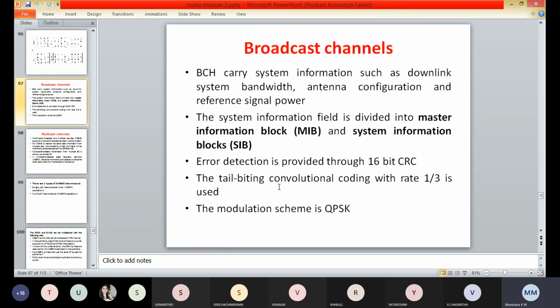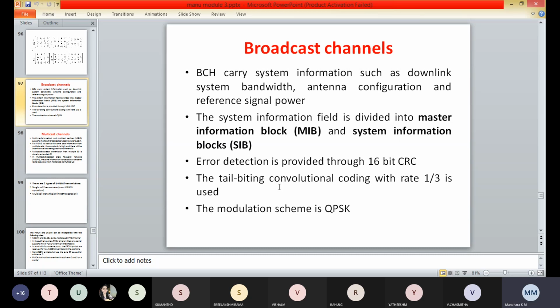Due to the large size of the system information field, it is divided into two portions, that is master information block MIB, and second one is SIB, that is system information blocks.